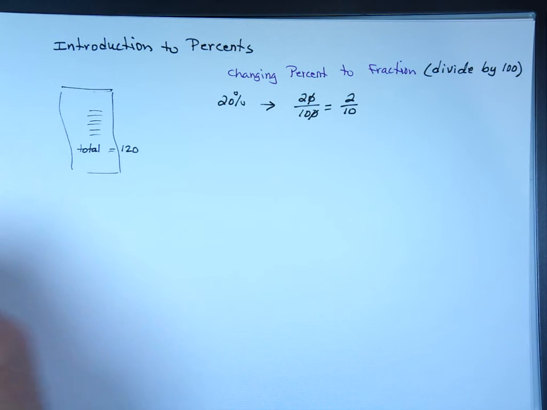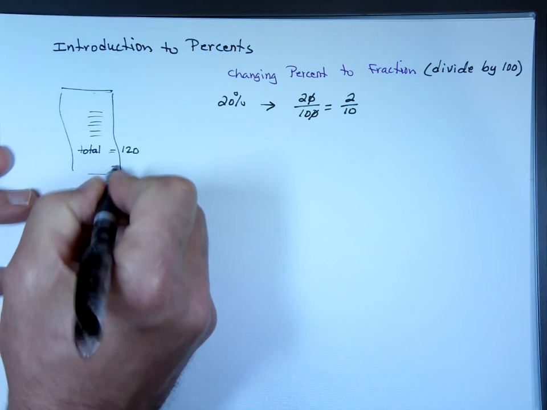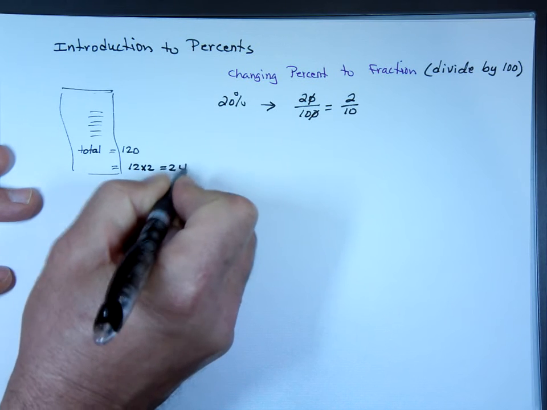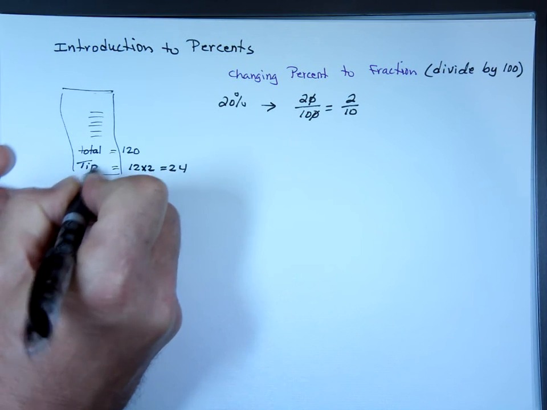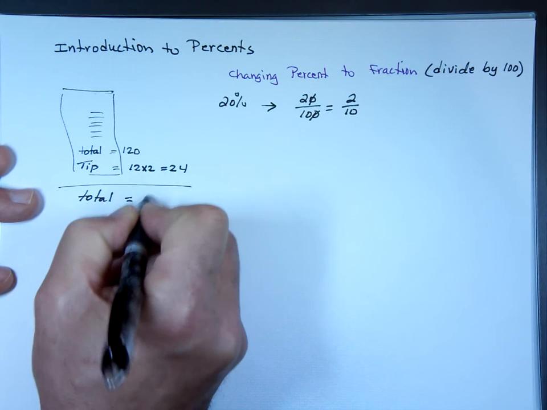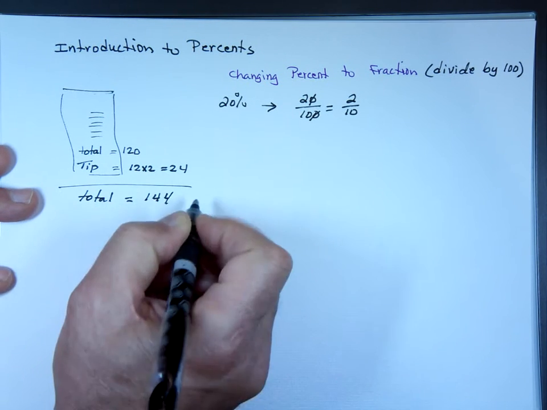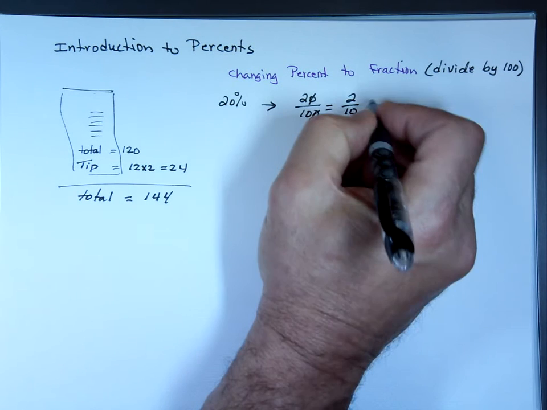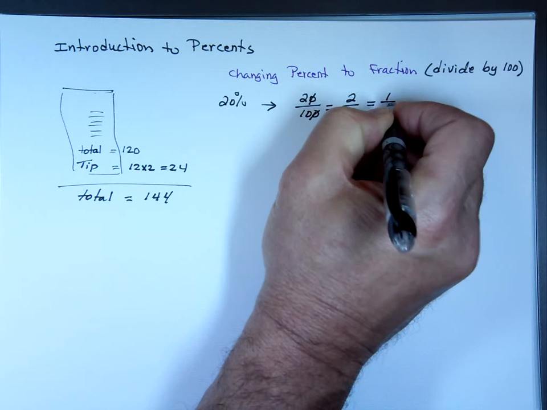So if you give them 12 sets of these $10 bills, you're going to leave for tip 12 times 2, which is what? $24. So what's the total bill now? Total 144. You can simplify the 2 over 10, which is what? 1 over 5.